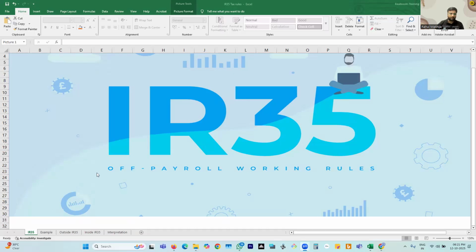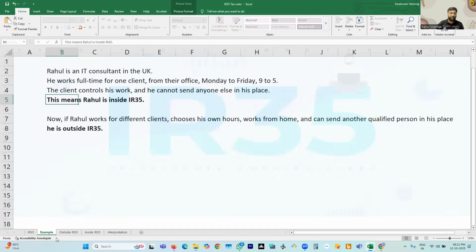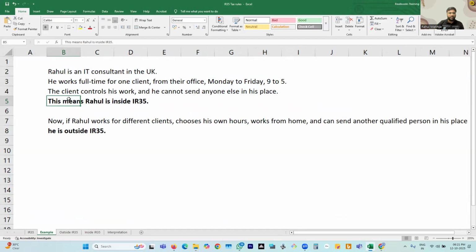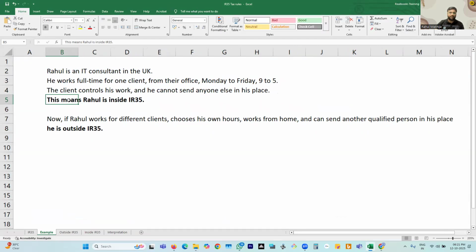Let me share a screen for an example, so you will understand the tax difference and the accounting difference. So regarding IR35, let's take an example that Rahul is an IT consultant in the UK. He works full time for one client from their office Monday to Friday, 9 to 5.